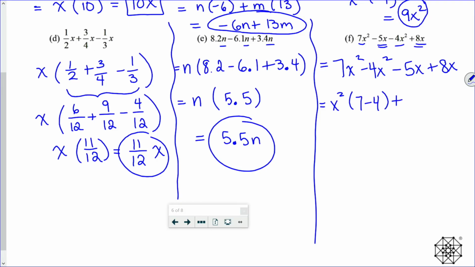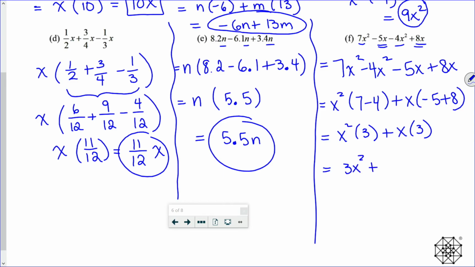And I could factor an x out of the second two terms, giving me negative 5 plus 8. I'll then have x squared times 3 plus x times 3. I never leave those coefficients as the second part of a term. 3x squared plus 3x.